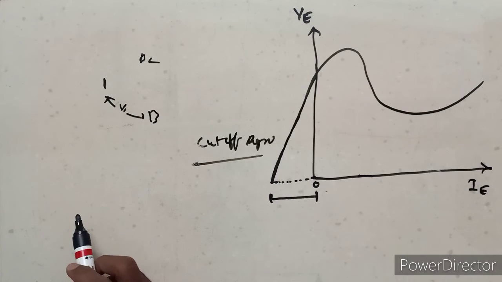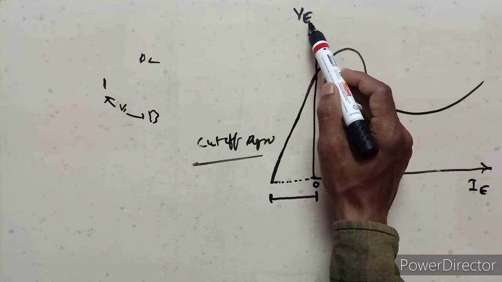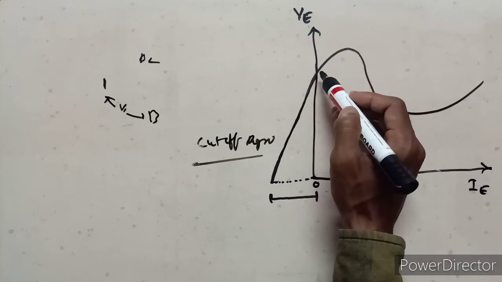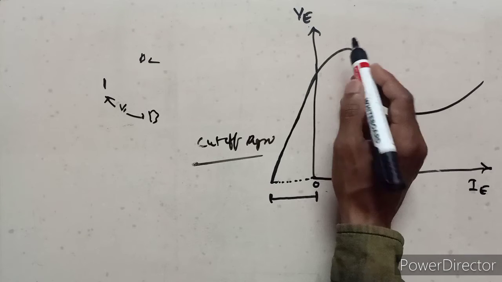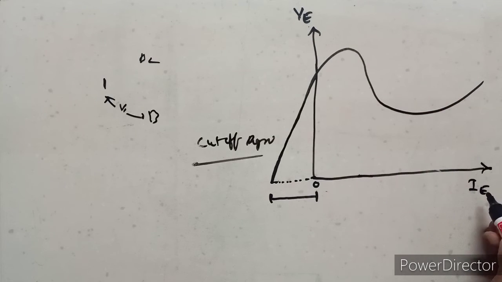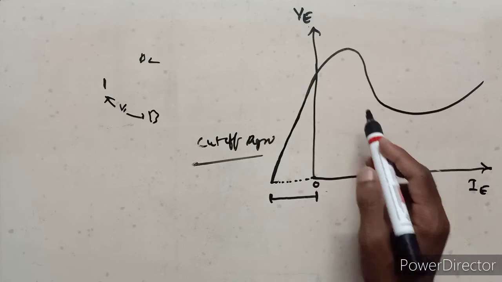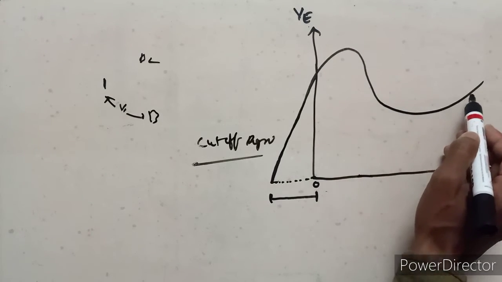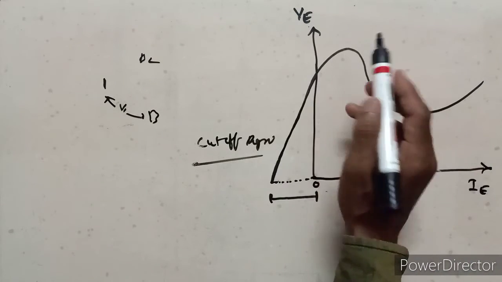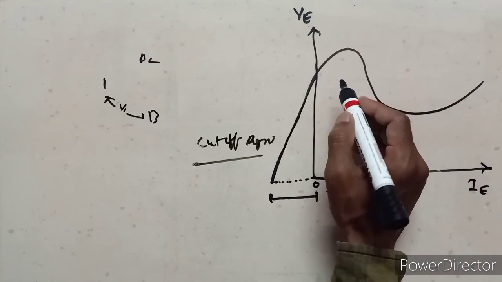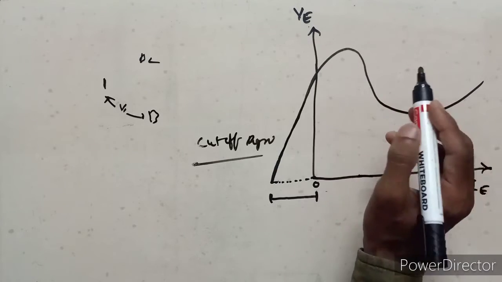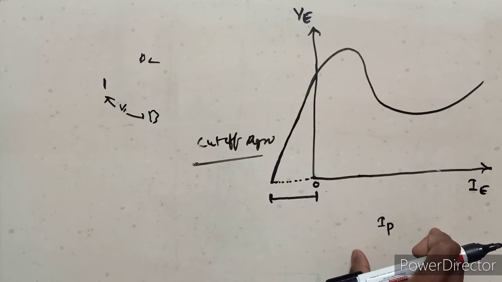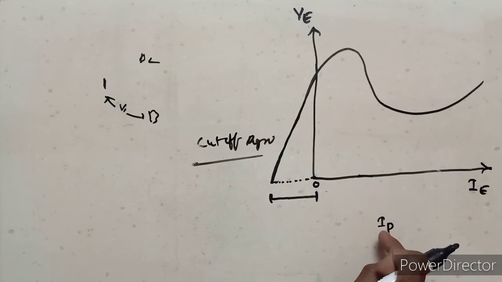When VE, meaning emitter voltage, is slightly greater than V1, forward current IE begins to flow and increases up to the peak value. So this current is known as IP, meaning peak current.